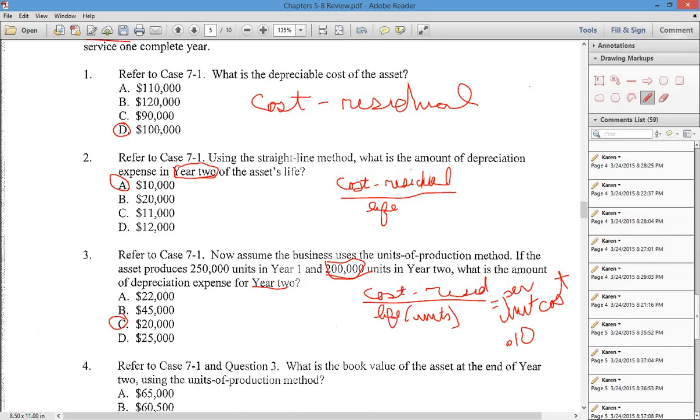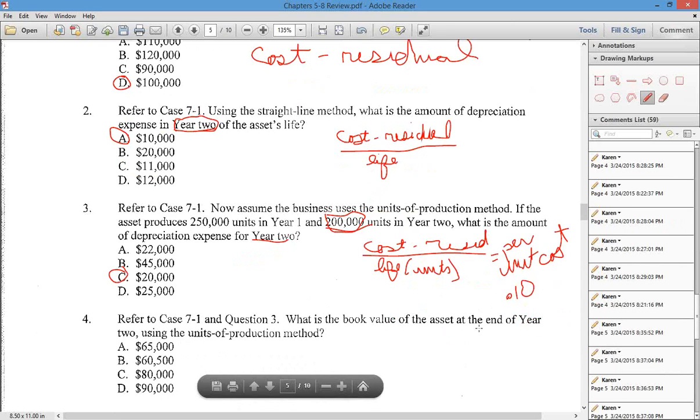It helps you when you get ready to do depletion and things. So cost minus residual divided by its life in units to get its cost per unit. And then you multiply that times the number of units that were used in a year. Now, the next question is maybe tricky, okay?